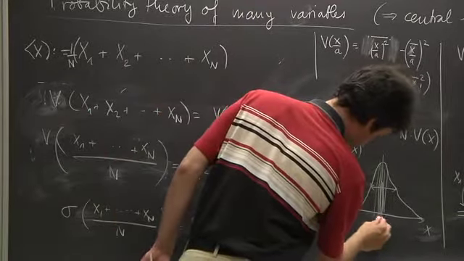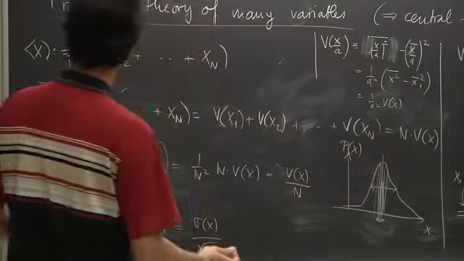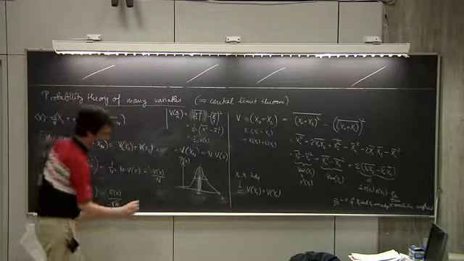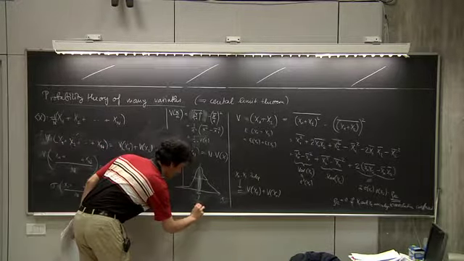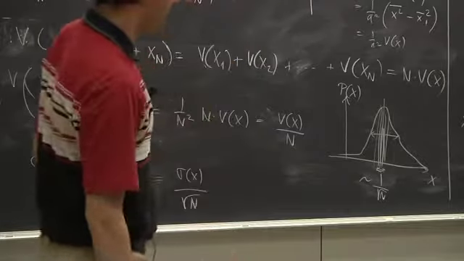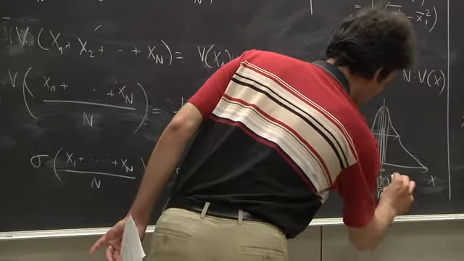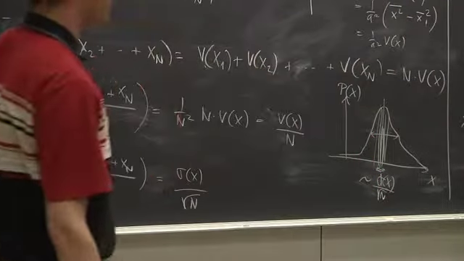So the fluctuations that you will still have in this random variable will become smaller and smaller, proportional to 1 over square root of n, times the sigma of the original distribution.